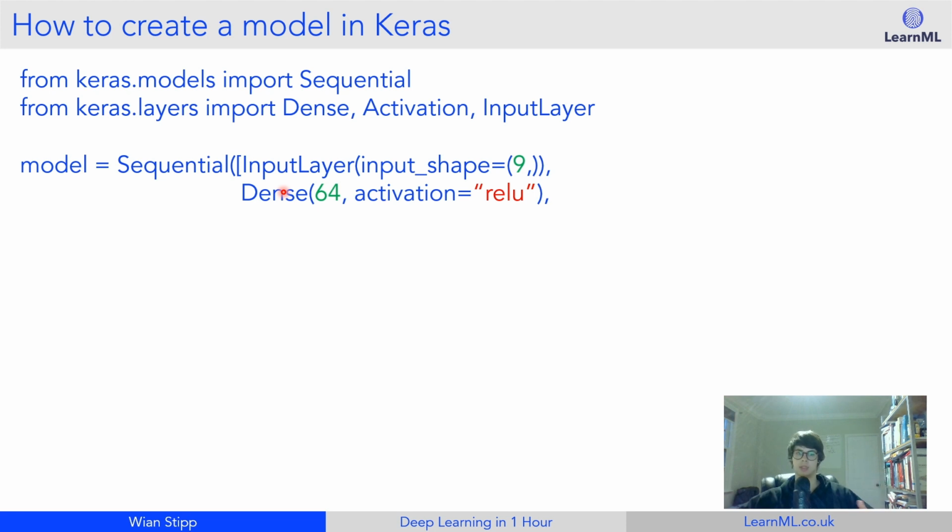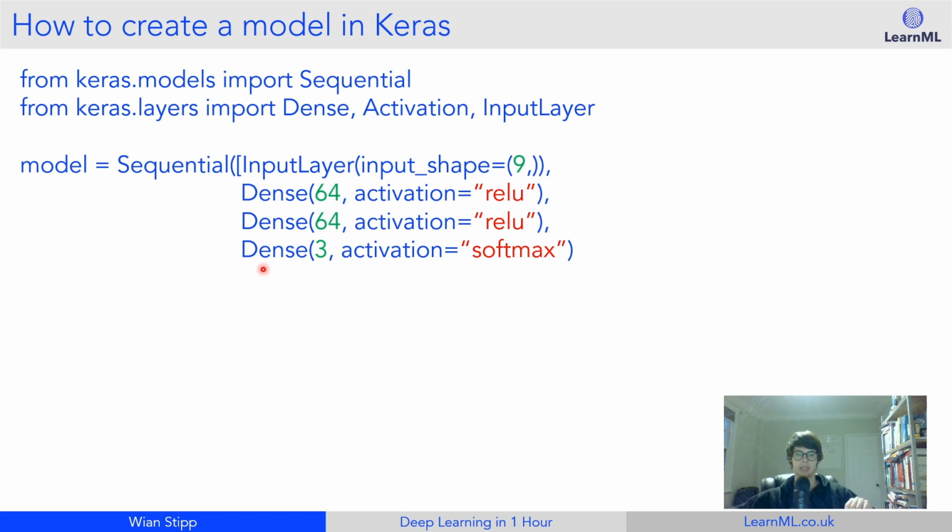Let's say we want a hidden layer with 64 neurons and the ReLU activation function applied to each neuron. Then we add another layer, 64 neurons, same activation function. And then we have the output layer. We don't have to specifically say that this is an output layer. We just have it as the last layer, with 3 neurons, and we're applying the softmax.